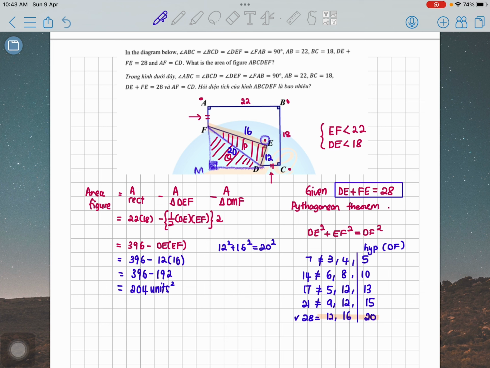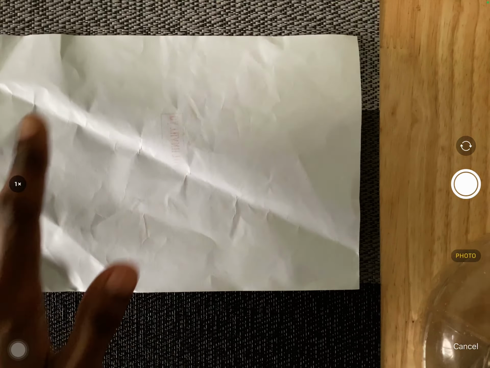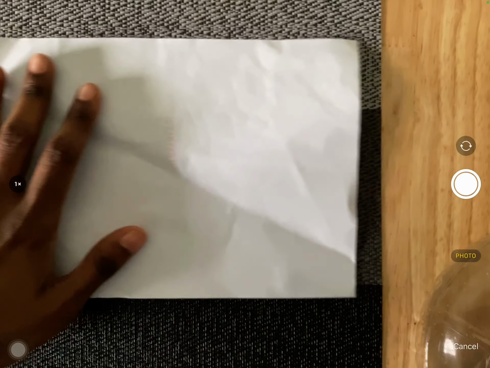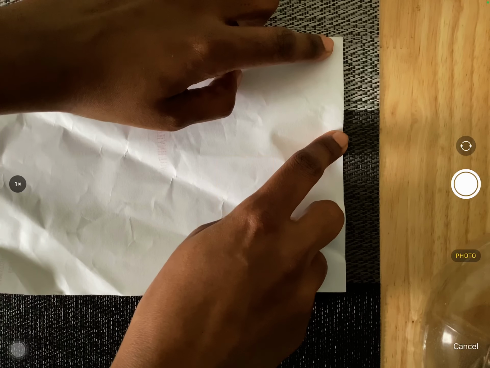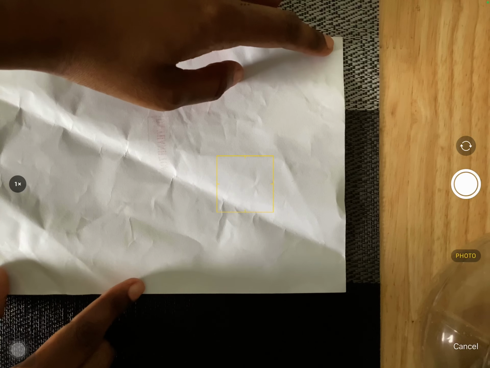Now, as I promised earlier, let's do the illustration part. Why is the area of P and the area of Q going to be the same? So I have gotten a rectangle here, and let's measure. I'm going to take that this part being the x, and here is also going to be the x.